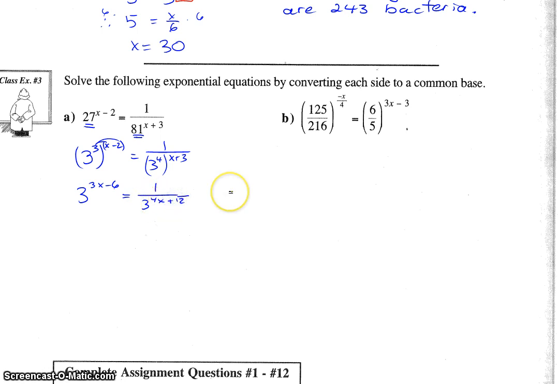We're not quite there yet. You'll notice we have on the right-hand side 1 over, well, that's not base 3 yet. That's 1 over something with base 3. So it's like that example from the last lesson. We're going to move that whole power into the numerator. If we do that, the exponent has to go negative. So we're doing that. 3x minus 6.